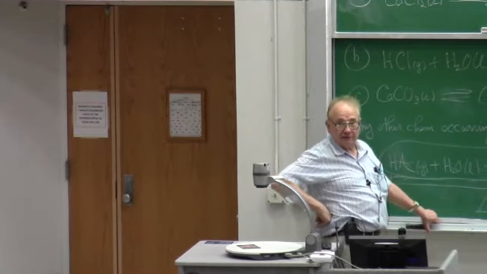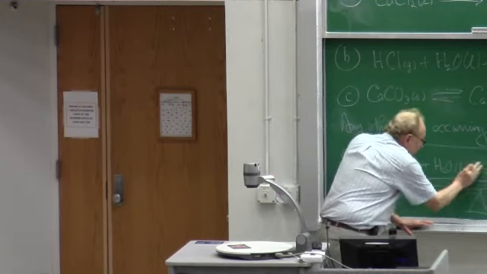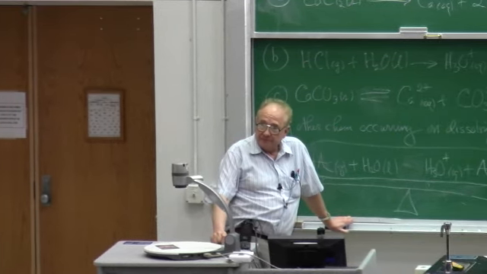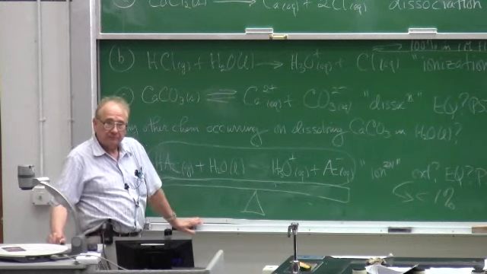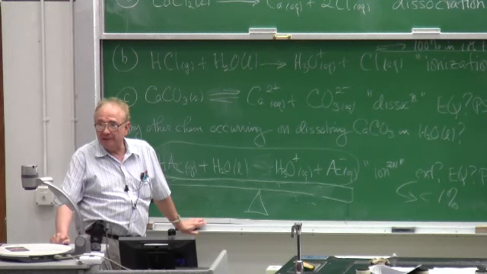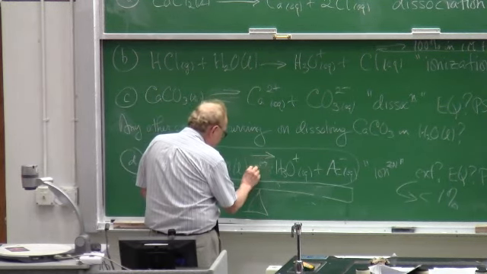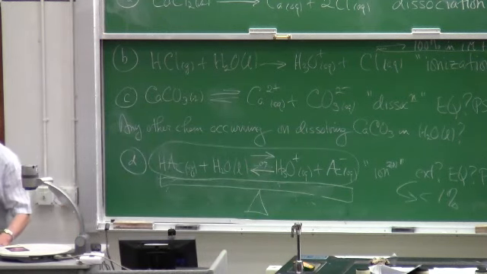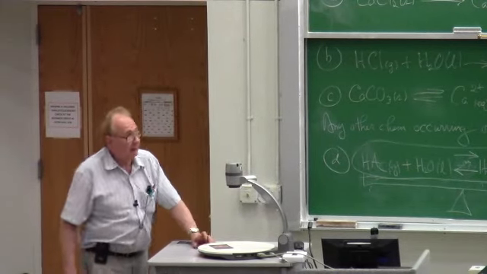The teeter-totter shifts, but at the instant at which I add the acetic acid, this condition is wrecked. The equilibrium is disrupted. And since I added a component of the system, the only thing that can happen to get me back to equilibrium, if such is possible, is this or this. Nothing else can happen. But Le Chatelier dictates that if at all possible, we're going to try to get back to equilibrium.